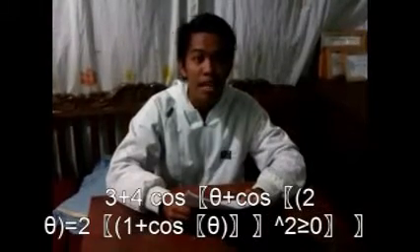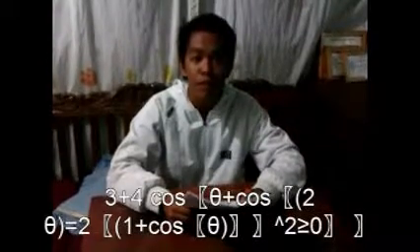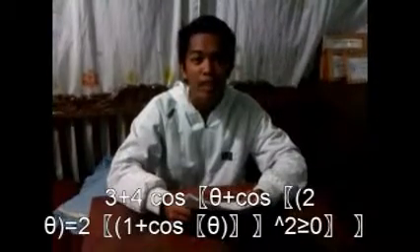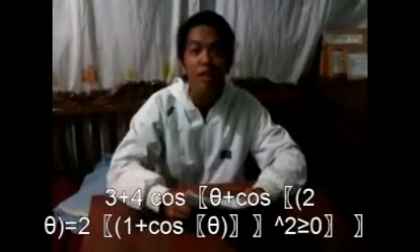As noted by Hardy and Wright, although this proof is elementary, it is not easy. It relies on the simple trigonometric inequality 3 plus 4 cos theta plus cos 2 theta is greater than or equal to 0, that is, 2 times (1 plus cos theta) squared is greater than or equal to 0.